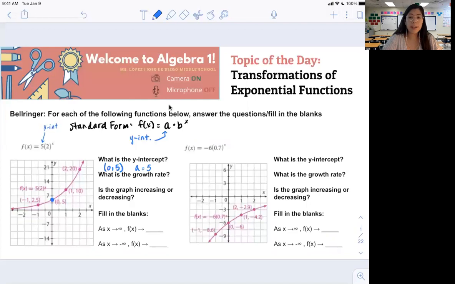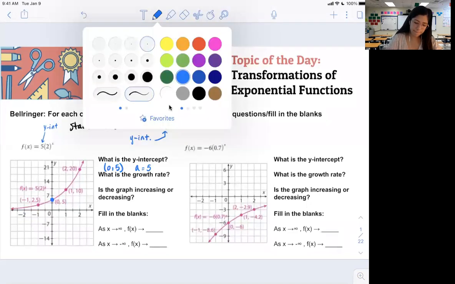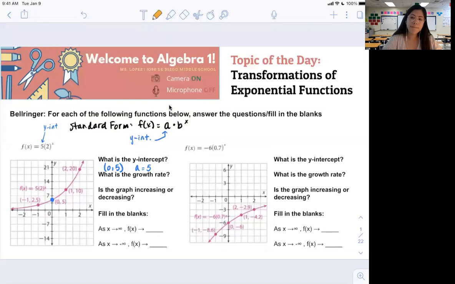All right, if that's the y-intercept, then what's the growth rate? In problem number 1, what is the growth rate?